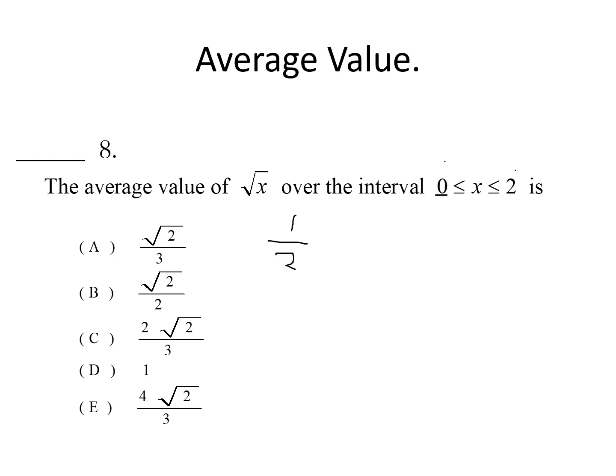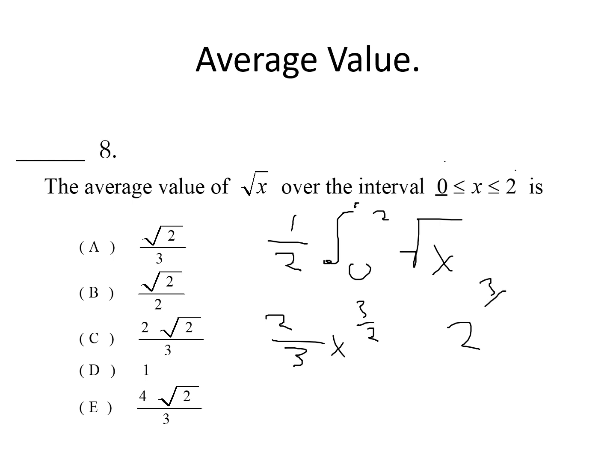So we can just do 1/2 times the integral from 0 to 2 of the square root of x. And we know the integral of square root of x is 2/3 x to the power of 3/2. And then that at 2 is 2 to the power of 3/2.